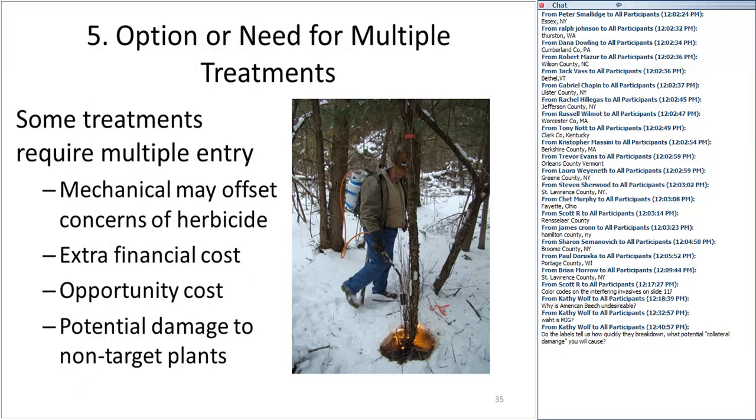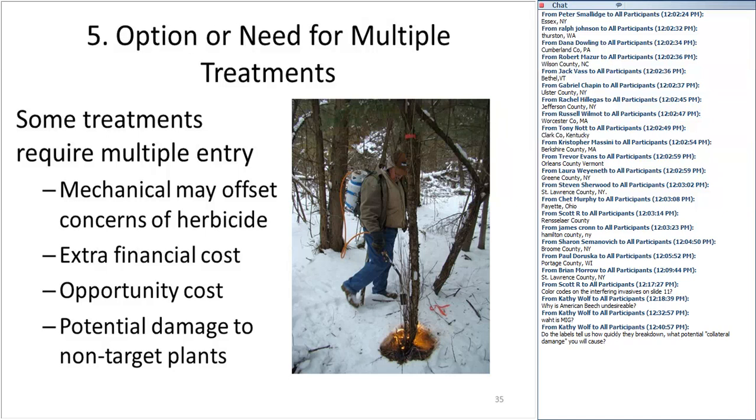It may be that we either want to include or not include multiple treatments. So with multiple treatments, if we can do multiple entries or 2 different treatments at once, we can do things like a mechanical treatment that we then follow up with a lower intensity herbicide treatment.